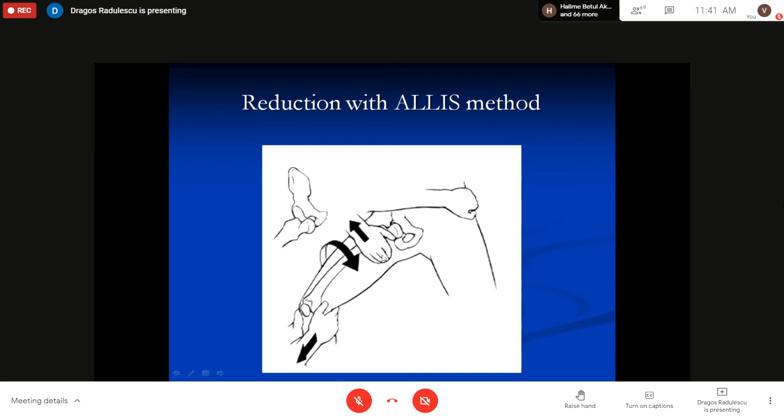This helper is not needed because if you have total muscle relaxation, you will be able to do this on your own. But to make my point, you need to have traction, and as I said, when you feel like the femur is starting to move back to its place, you need to do either external or internal rotation depending on what type of dislocation you have.